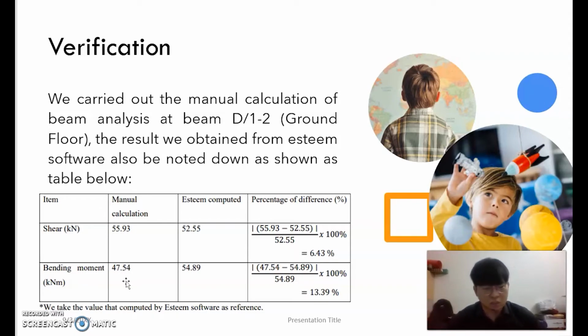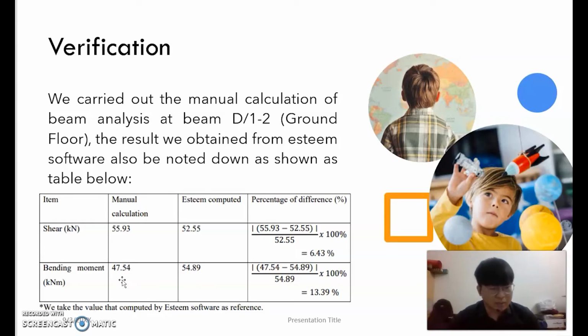Okay, such differences may occur due to several factors. One of the factors is the decimal round off in our manual calculations that will affect the difference between the manual calculation and software calculations. The round off will provide a larger value of the loading distributions as it will contribute to the biggest shear values.